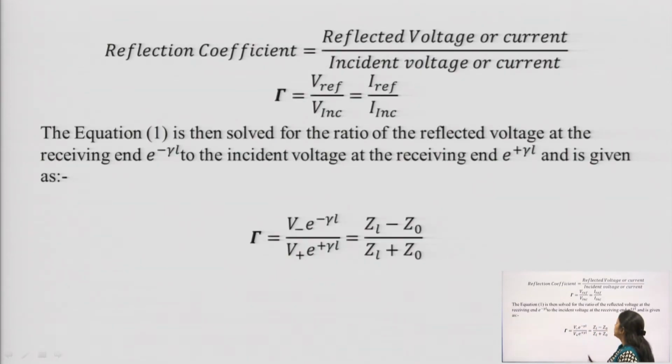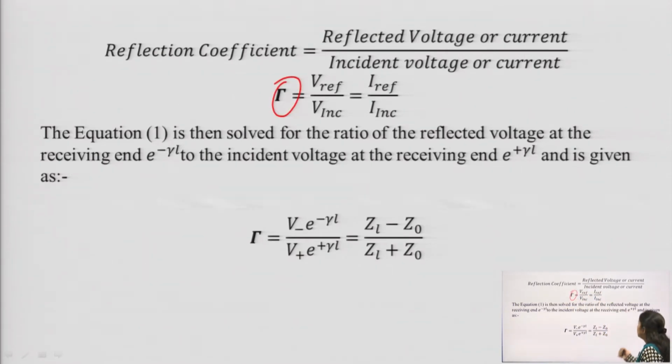Now, the reflection coefficient is equal to the reflected voltage upon the incident voltage, or reflected current upon the incident current, V reflected by V incident, and it is represented by tau.